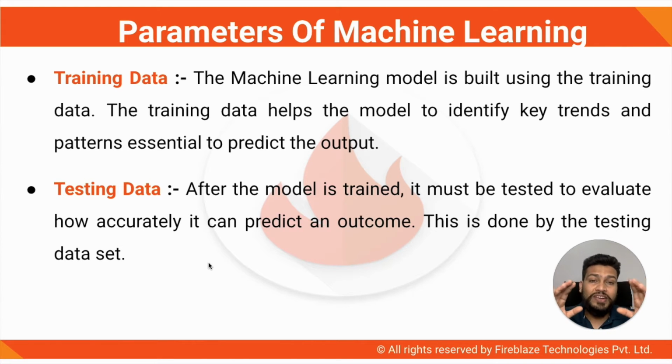So 10 entries are used, that is your input data. Now, will you take all those 10 entries to train your model? No. Why? Because you will not have anything to check whether your model worked properly or not.